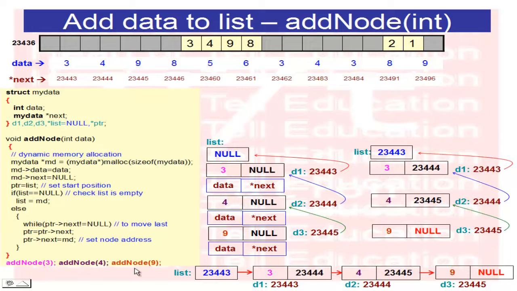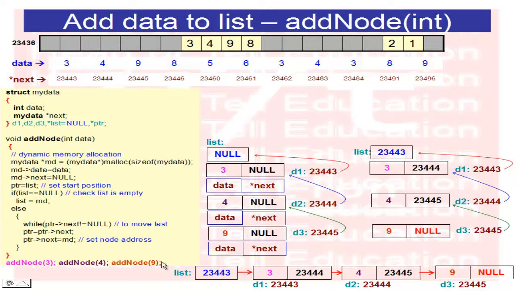Now again I am calling add node, passing the value 9. So here again I call dynamic memory allocation, wherever free or unused memory is allocated and assigned to the address of this pointer. Now md arrow data equal to data means 9 is assigned here, and next I have assigned null.